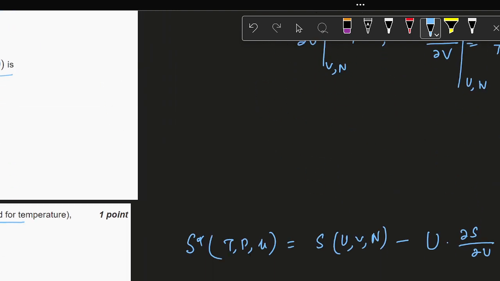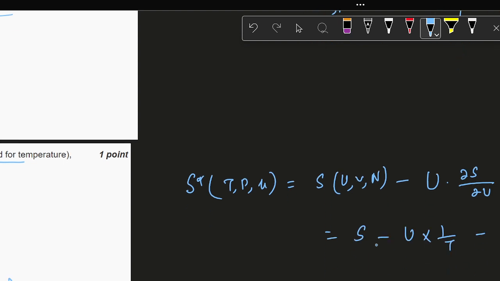So from here you can get the derivative values and you can just directly put them here. So this is just S minus U times del S del U, which is 1 by T, minus V times del S del V, which is P by T, and del S del N is minus mu by T. Okay.